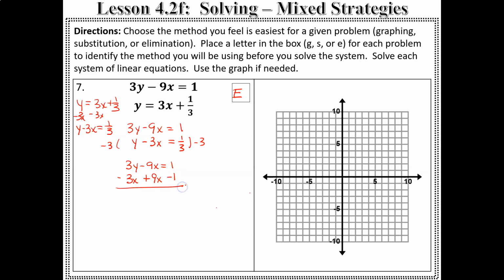And lo and behold, look at this. This is a y. Canceled, canceled, canceled. So 0 equals 0. So this is a lovely infinitely many solutions. Took a while to get there.